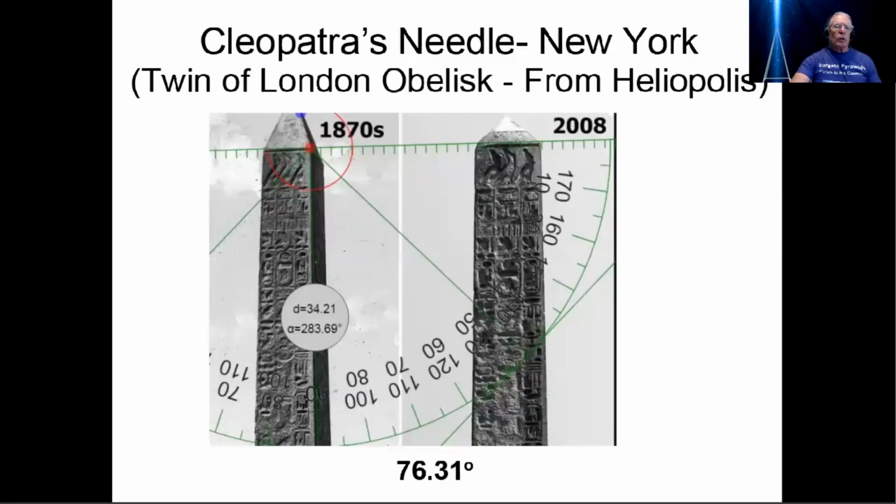But when we go and check the geometry back from the original 1870s, I had to turn the protractor upside down. So that's why you're seeing a 283.69. But if you subtract that from 360 degrees, this was really the only way to get the number to show up on the page. We're getting a slant angle of 76.31 degrees on this obelisk that's located in New York City.